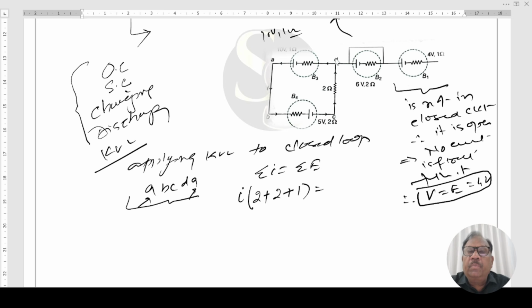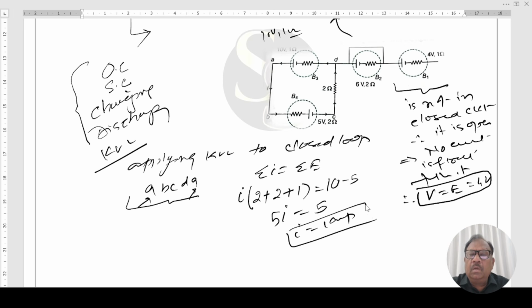The leaving point of the terminal is positive, so that is 10 volt. In this case, the leaving point of the terminal is negative, so minus 5 volt, right? Then 5 equal to 5 I, I equal to 1 ampere. Current in this loop is 1 ampere.